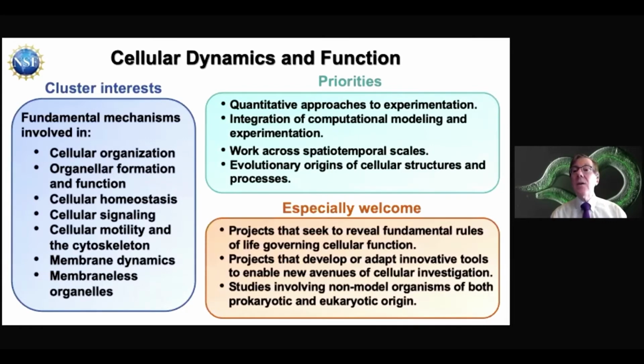Efforts to span the scales from the atomic to the tens of micron scale are especially attractive, and evolutionary approaches that seek to understand the ancestral and derived states of cellular processes, often through comparisons between key species or cell types, are most welcome. We welcome studies on all organisms from archaea and bacteria to human cells, both in model and less studied organisms that are informative to understanding cellular function.